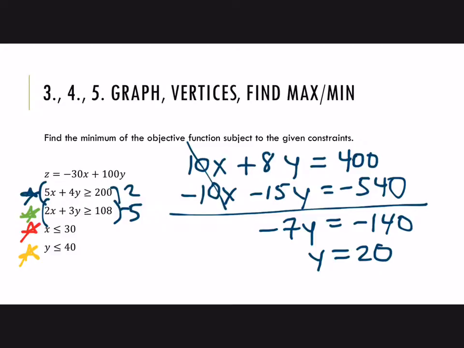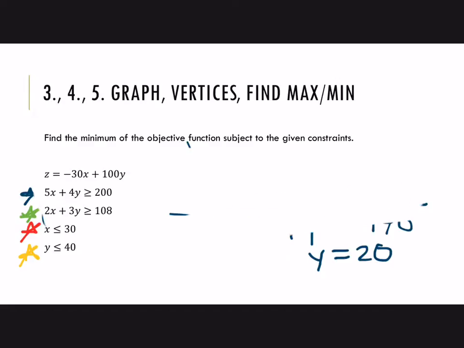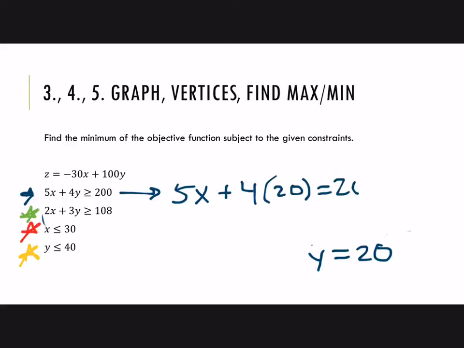All right. Then substitute that back in to one of these equations and solve for x. So I'll choose the first one. So 5x plus 4 times 20 equals 200. So 5x plus 80 is 200.